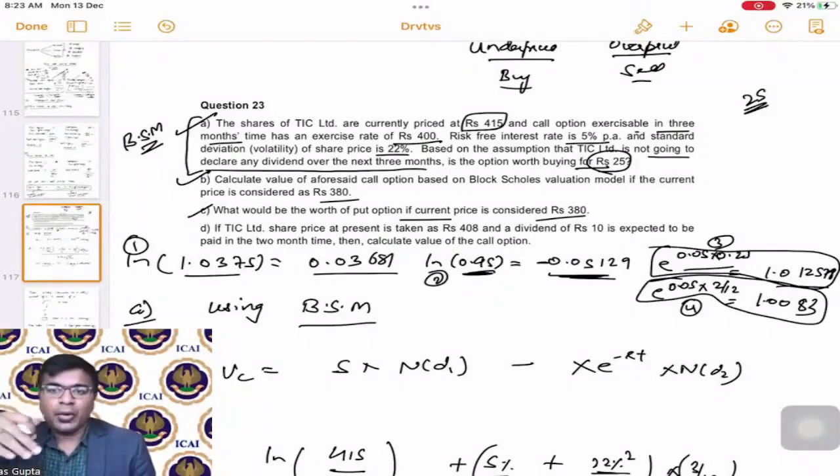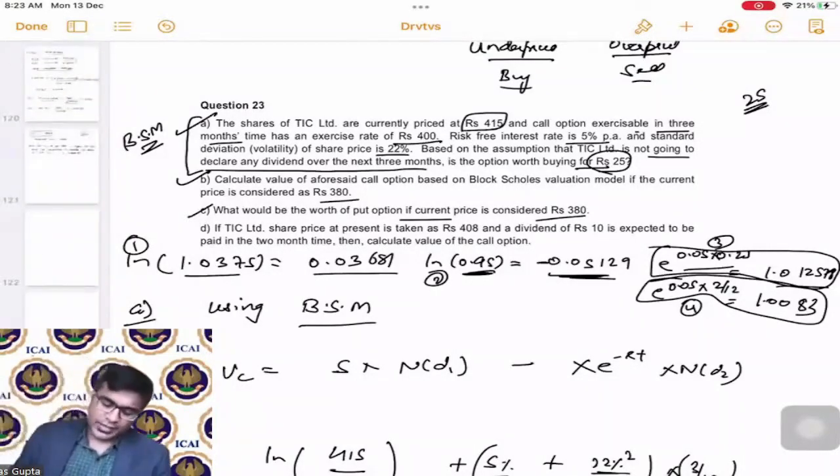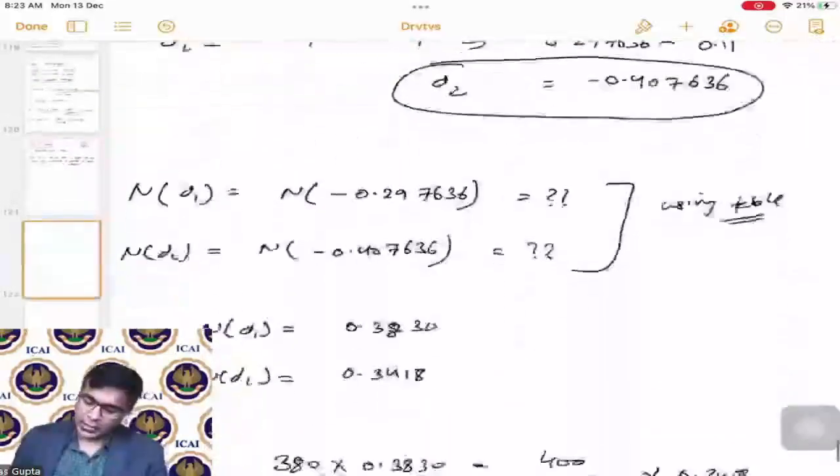It should be properly valued. Why? Because the put option will be in the money. 380 spot price, 400 is the strike price. It will be in the money. So hence, let's evaluate what is the price of the put option.